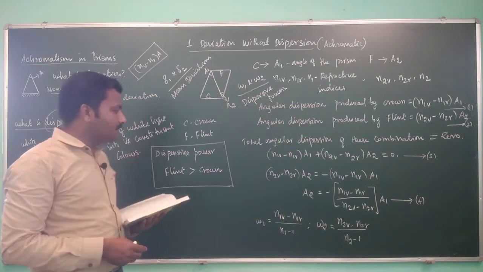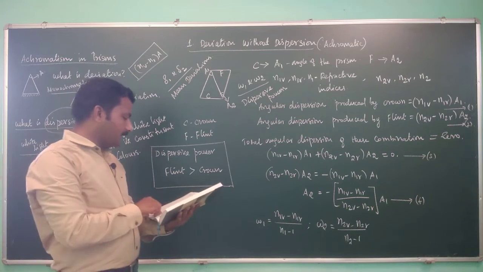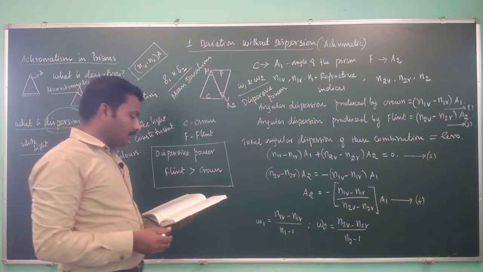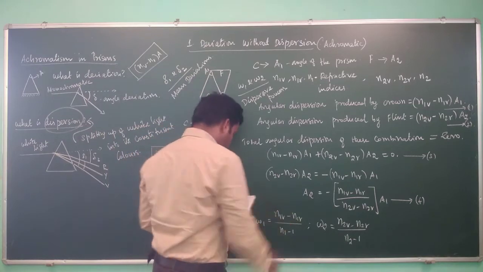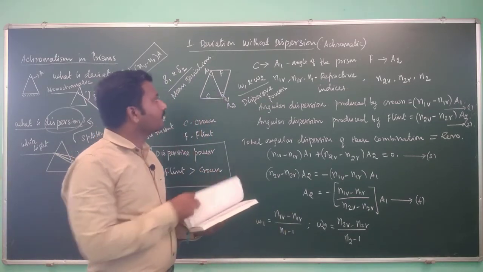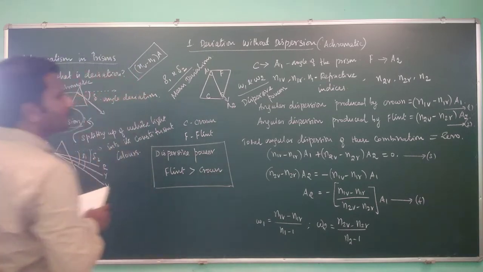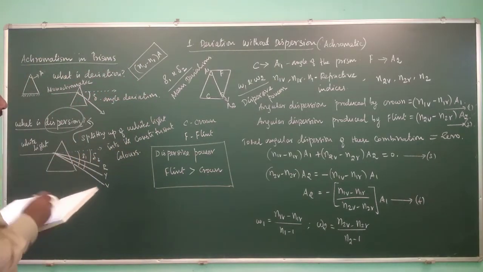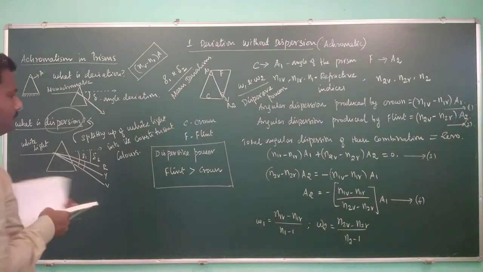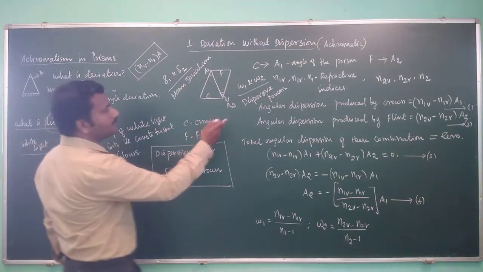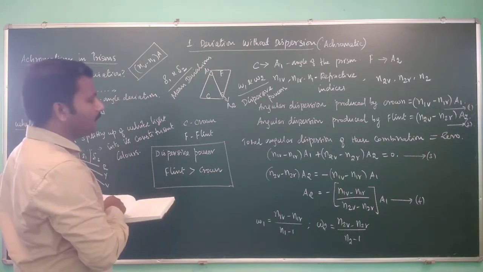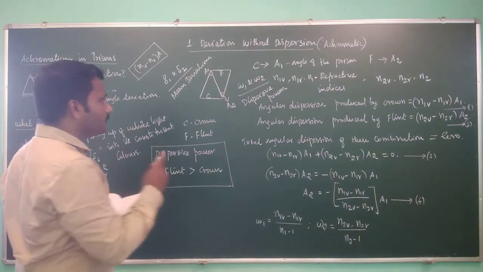What is the definition for dispersive power? The definition for dispersive power is nothing but the ratio of the angular dispersion to the deviation of the mean ray, right? You recollect what is the angular dispersion of any two colors?